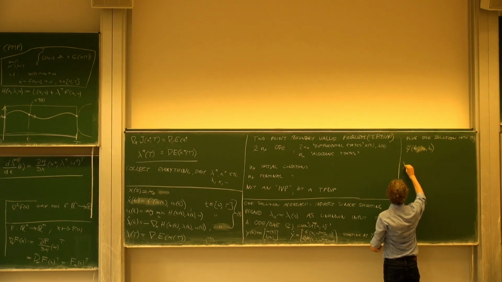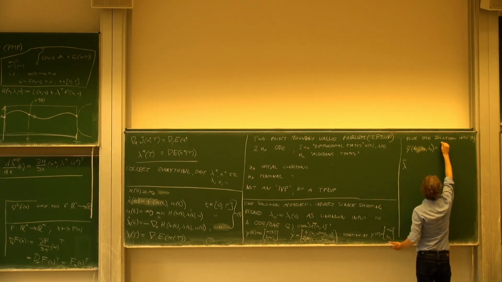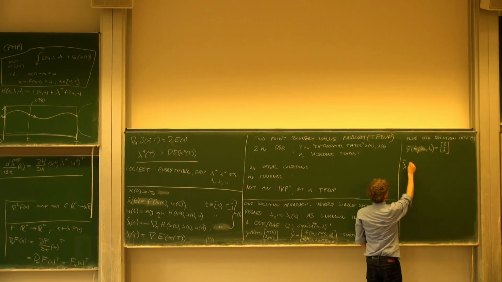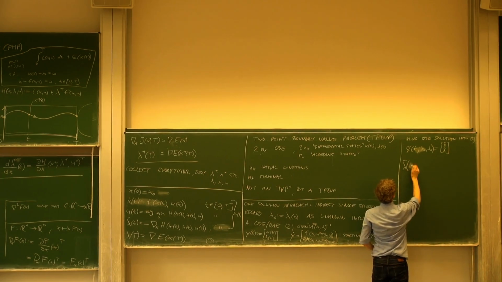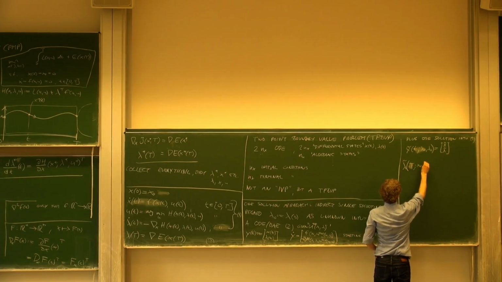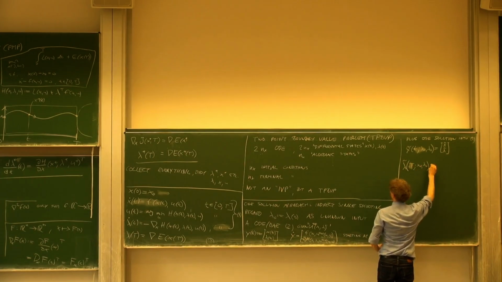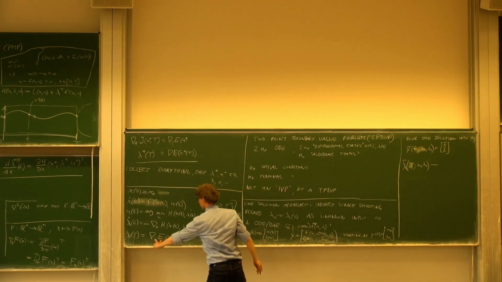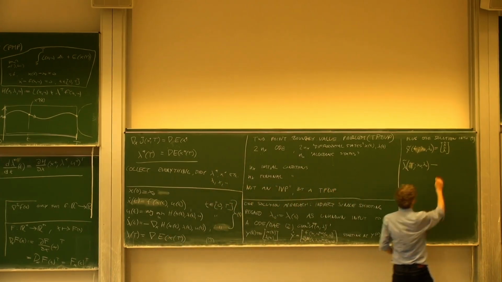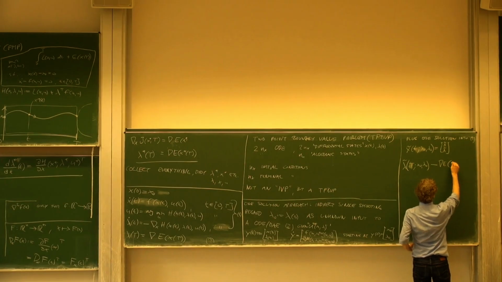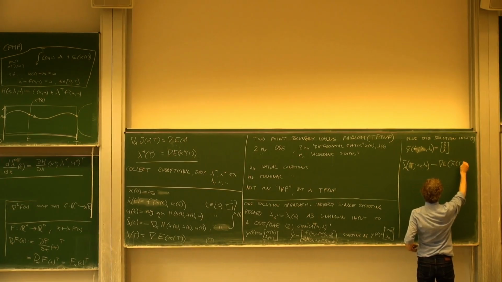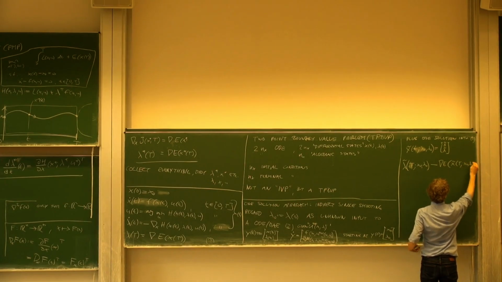Which will actually just be lambda. Yeah? So this is an x tilde and a lambda tilde. So this lambda at big T, which depends on x0 and lambda 0, minus this expression here, nabla e, evaluated at x tilde of big T, which depends on x0 and lambda 0.